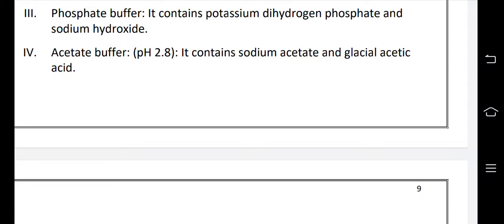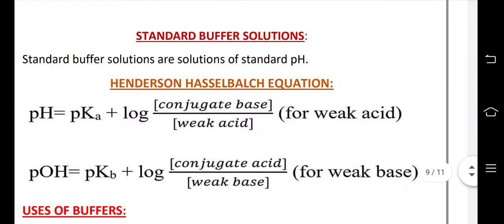And the fourth official buffer is acetate buffer. It has a pH of 2.8. It contains sodium acetate and glacial acetic acid. Now coming to the next topic, standard buffer solutions. So standard buffer solutions are solutions of standard pH.